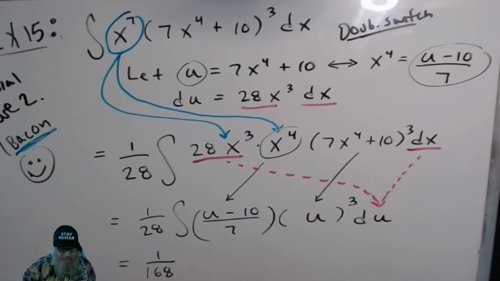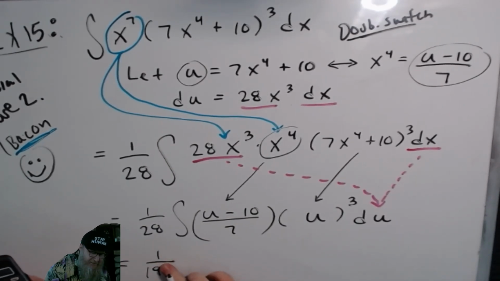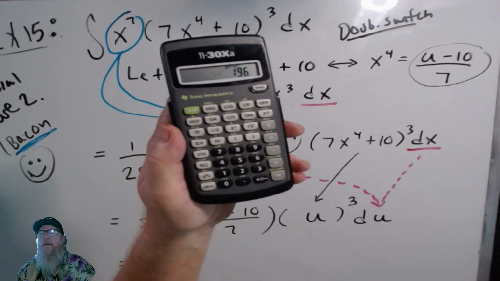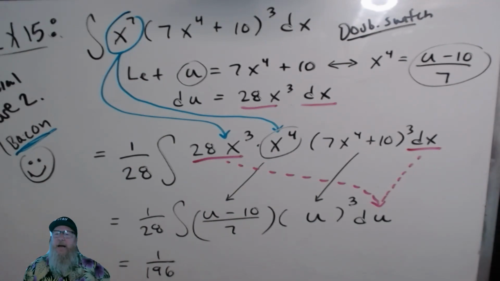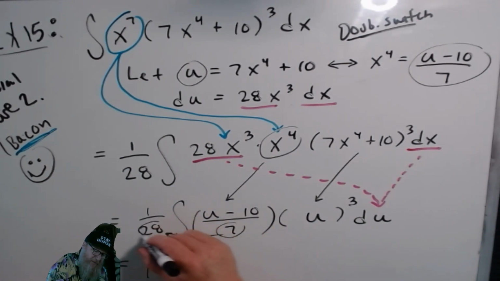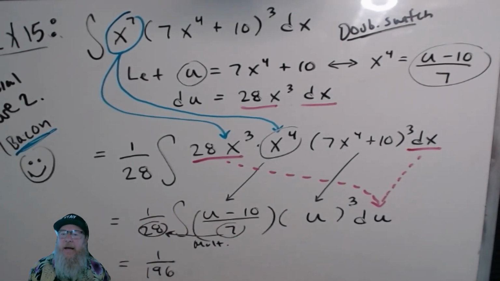My phone is in the other room. 198. I'm glad I checked. 196. Oh, man. Definitely glad I checked. My brain's getting tired. So the 7 comes out with the 28 and multiplies, and you get 1 over 196.